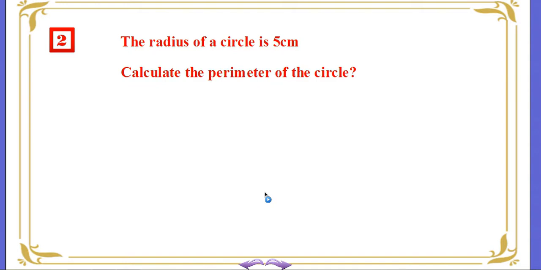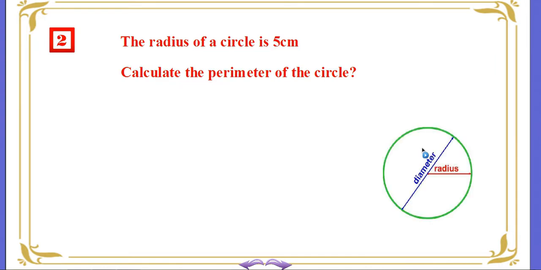The radius of a circle is 5 cm. Calculate the perimeter of the circle. Remember this is the radius and this is the diameter, and the diameter is double the radius.